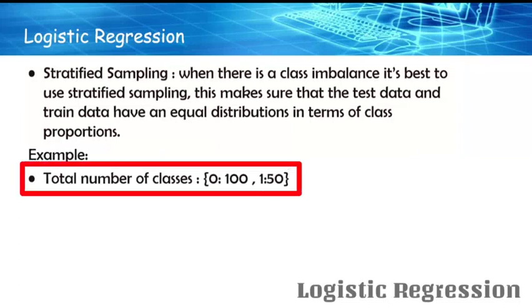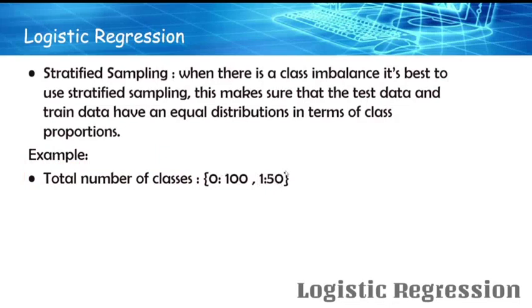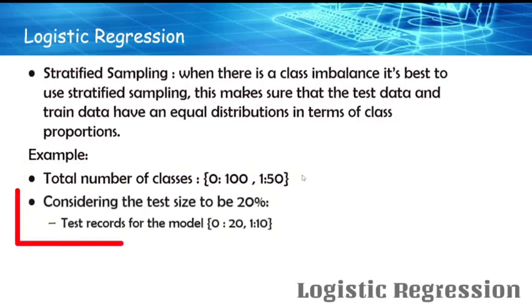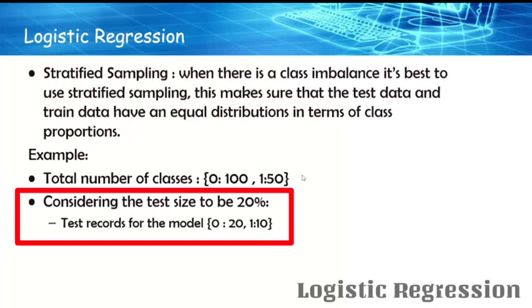Just consider we have classes 0 and 1, where 0 is 100 and 1 is 50. You can consider them as the number of boys and number of girls: 0 for boys being 100 and 1 for girls being 50. And here the test data set should be 20% of it.